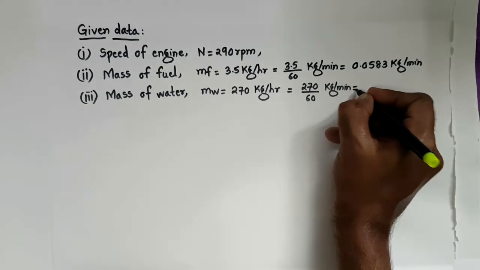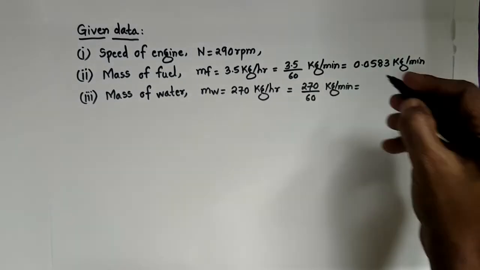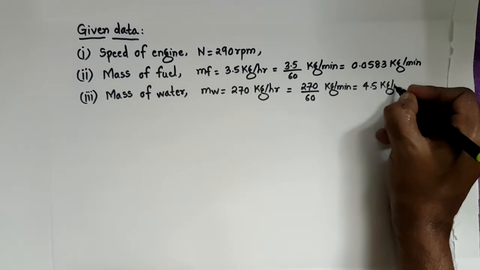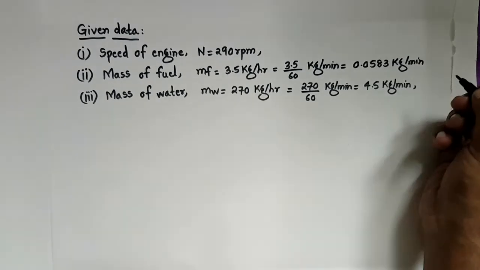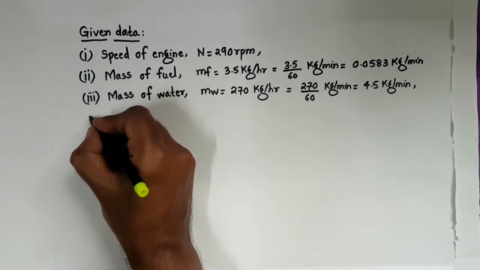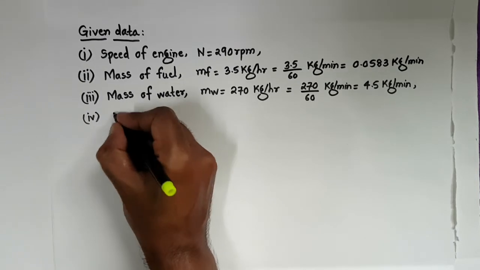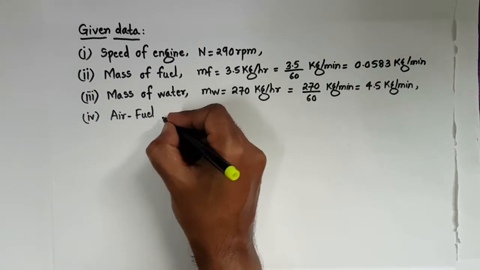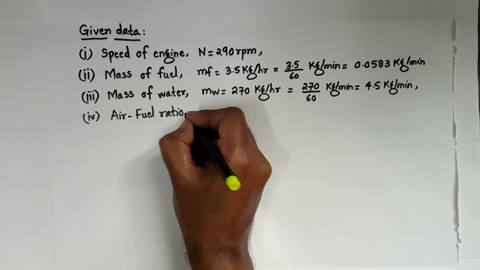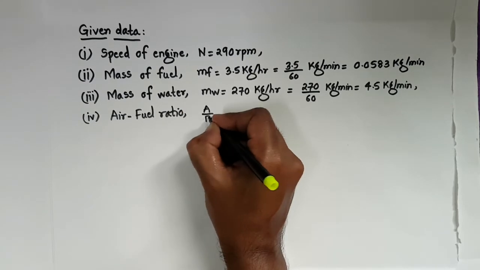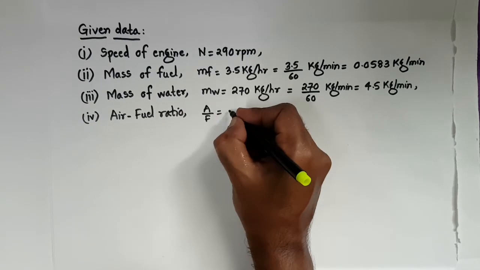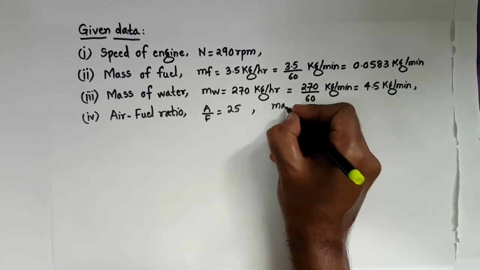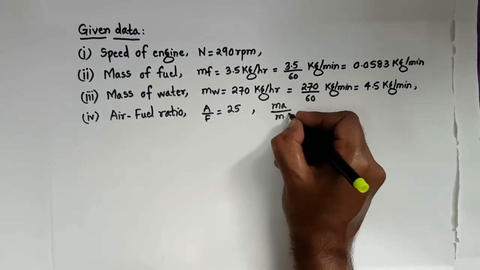This value we got is 4.5 kg per minute. Then next thing, air fuel ratio, A upon F. A by F ratio we have 25. We can say mass of air divided by mass of fuel is equal to 25.